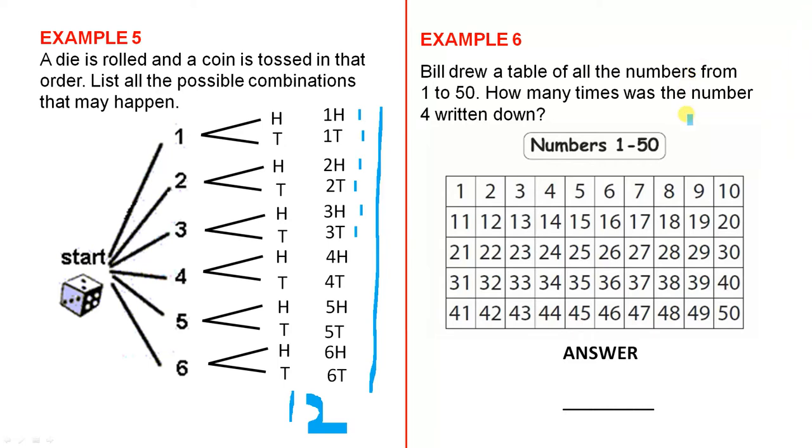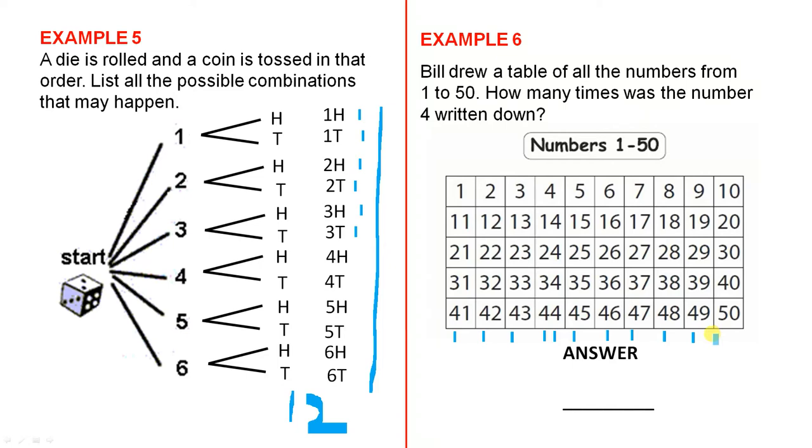Example 6 is a little bit tricky, so let's have a look at it. Bill drew a table of all the numbers from 1 to 50. How many times was the number 4 written down? Read this carefully. How many times was the number 4 written down? Let's count them. 1, 2, 3, 4, 5, 6, 7, 8, 9, 10.